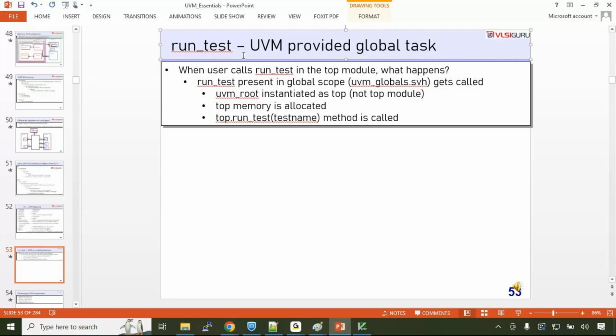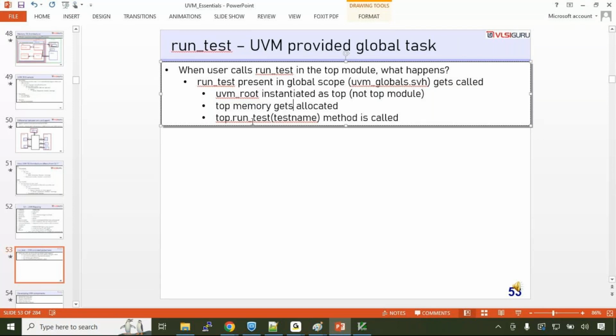When the user calls run test in the top module, what happens? Run test is present in the global scope, in a file called globals.svh. It gets called. So as part of the task, root gets instantiated as top. Top memory gets allocated.